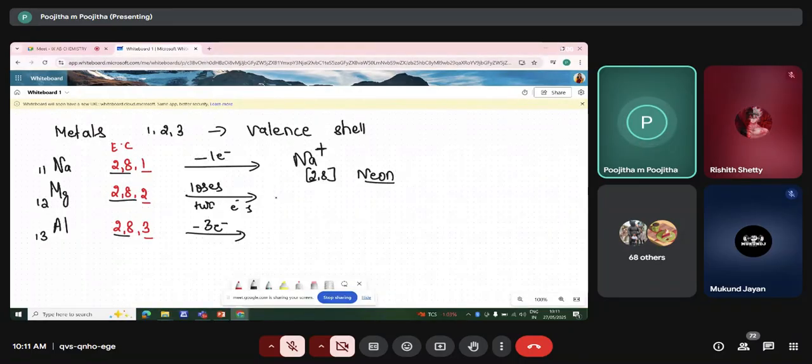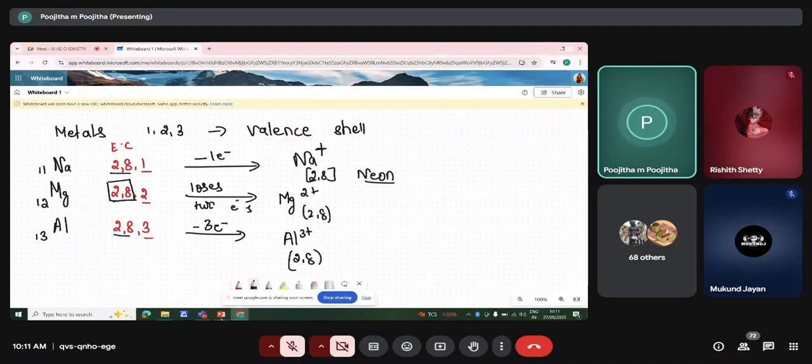Similarly, magnesium loses two electrons, so it forms the Mg2+ ion with configuration 2,8. Magnesium has attained stability by acquiring the nearest noble gas configuration of neon. Similarly, aluminium loses 3 electrons to form the Al3+ ion and attains the stable electronic configuration of the nearest noble gas, neon.